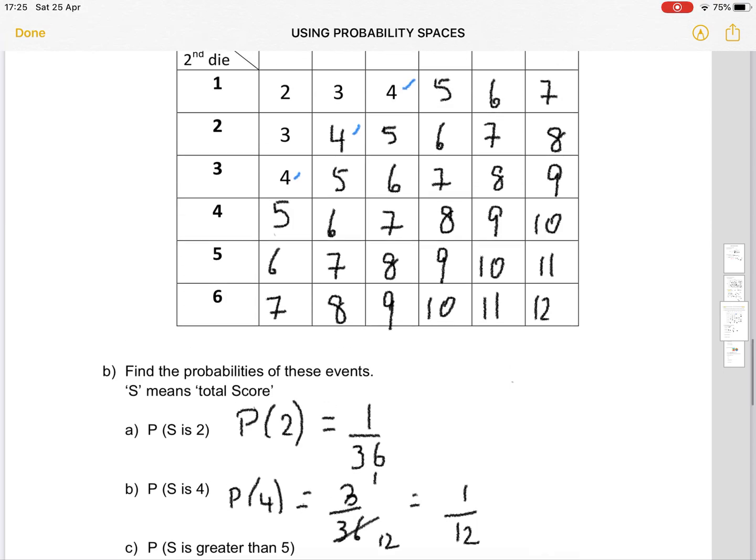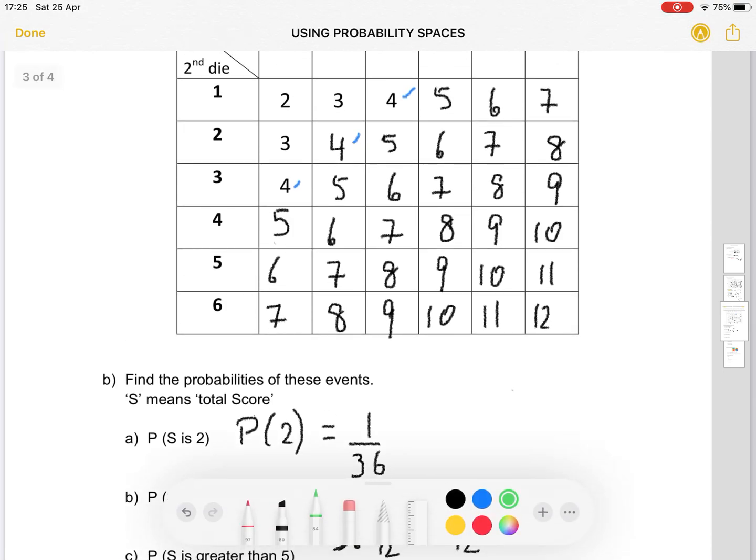So, choose another color. We have all the 6s. We have all the 7s. We have all the 8s. We have all the 9s. We have all the 10s, the 11s, and the 12s.